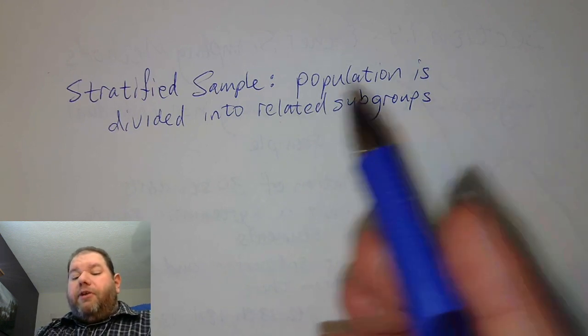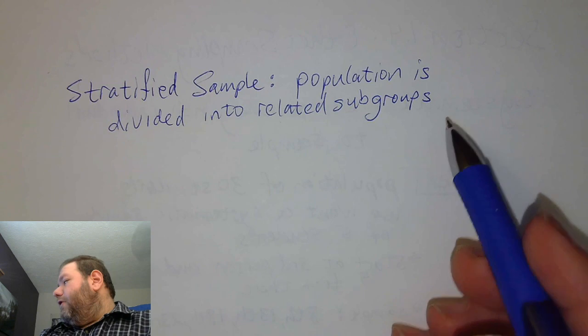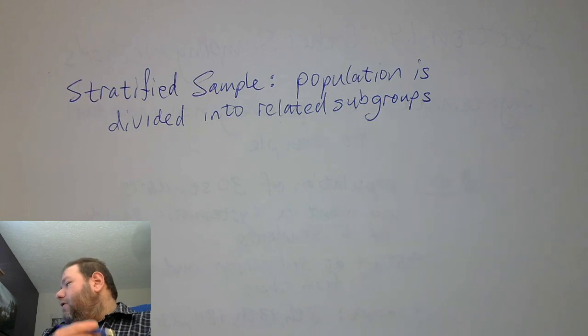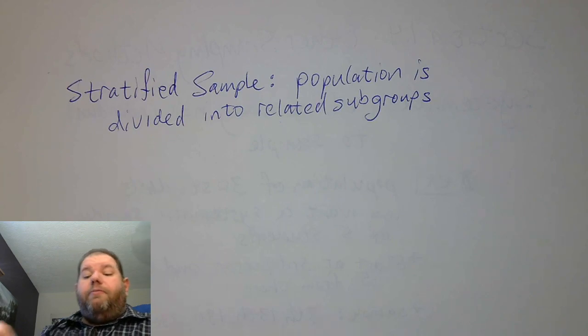So population is divided into related subgroups, and then we randomly select individuals from each subgroup.